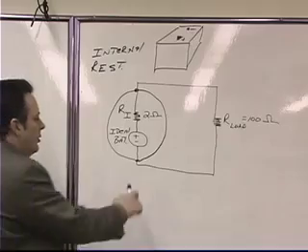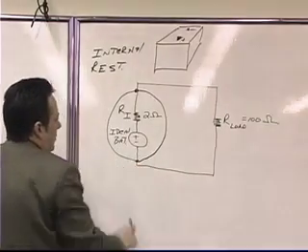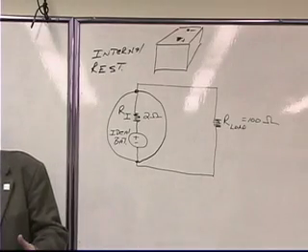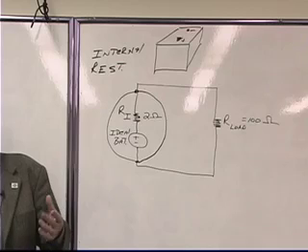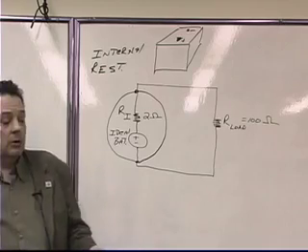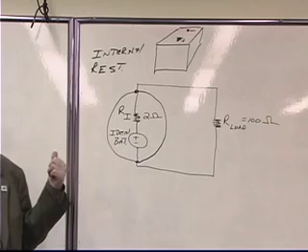So if this is a closed loop right here, then although we don't know what the magnitude of the current is yet because we haven't calculated it, what do we know about the current? The current that's flowing through this circuit. Direction.